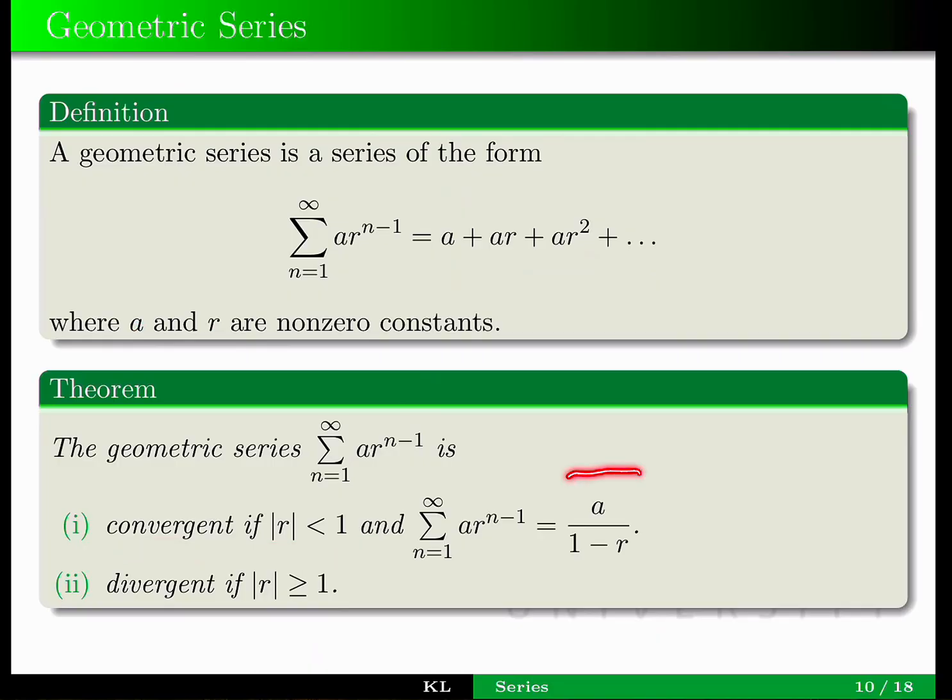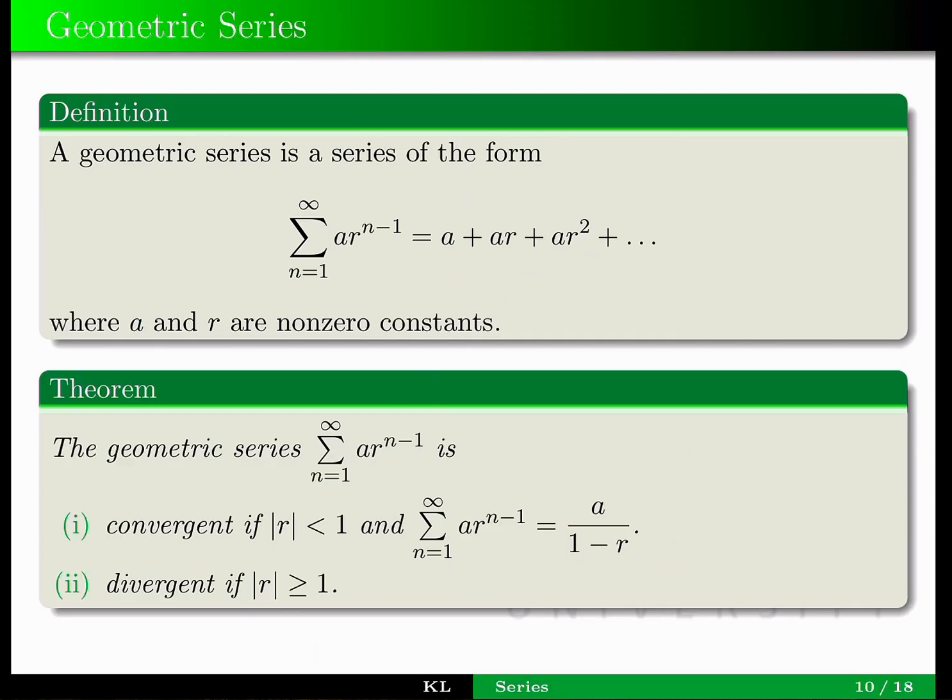And the actual sum can be calculated using this formula, a over 1 minus r. It is divergent if the absolute value of r is greater than or equal to 1. As a homework, try to prove this theorem. Meaning, try to find out this formula or derive the formula.